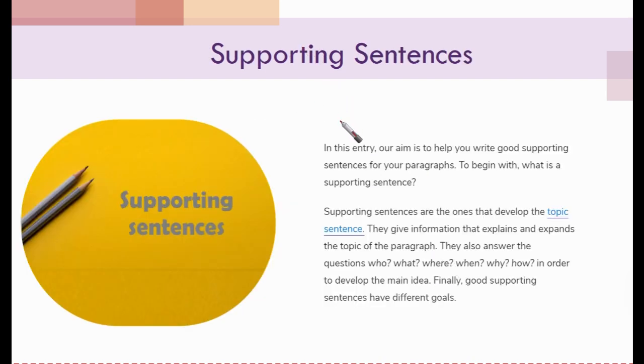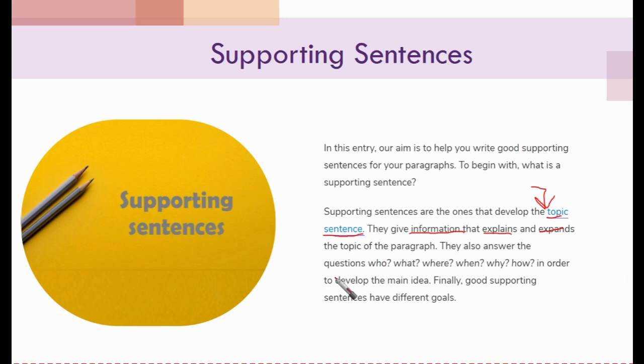Okay, so supporting sentences help you write a good body paragraph. Supporting sentences are the ones that develop topic sentences. They help topic sentences become stronger. They give information that explains and also describes or expands the topic sentence.